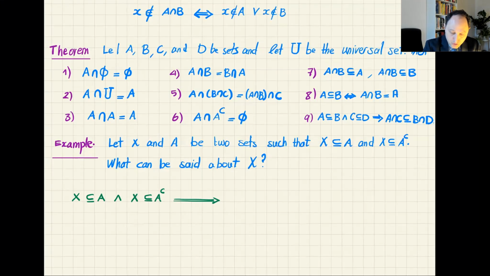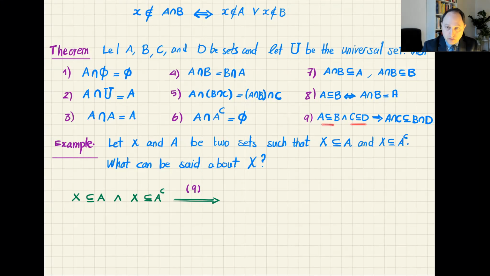So according to number 9, what can I conclude? Number 9 tells me that if you have two subset relations, you can intersect these two relations side by side, and you keep the relation intact.